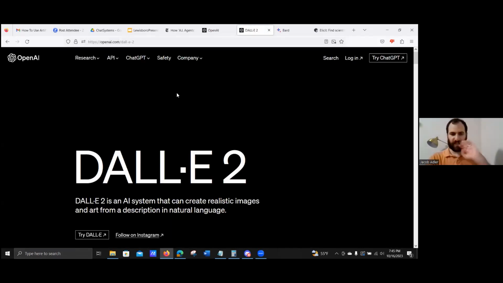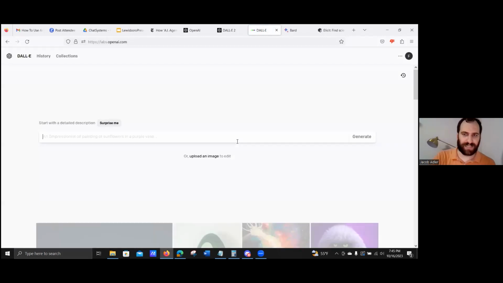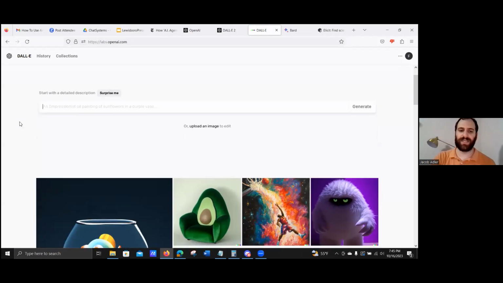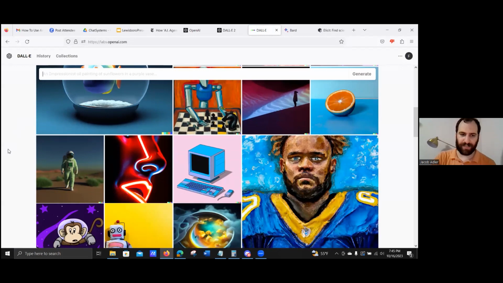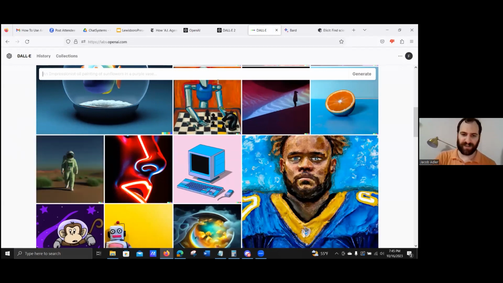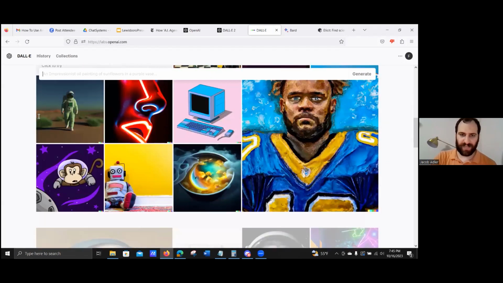So over here, I'm going to show you DALL-E, which is an image generator. It kind of has a similar setup to ChatGPT. You can see here that there are some sample images. Some of them are 3D renders, some of them are more of a pop art sort of style.